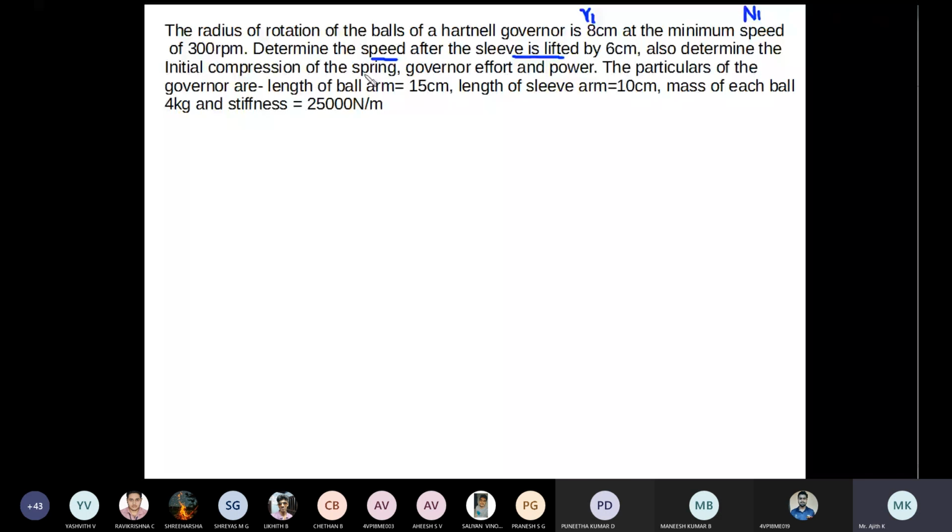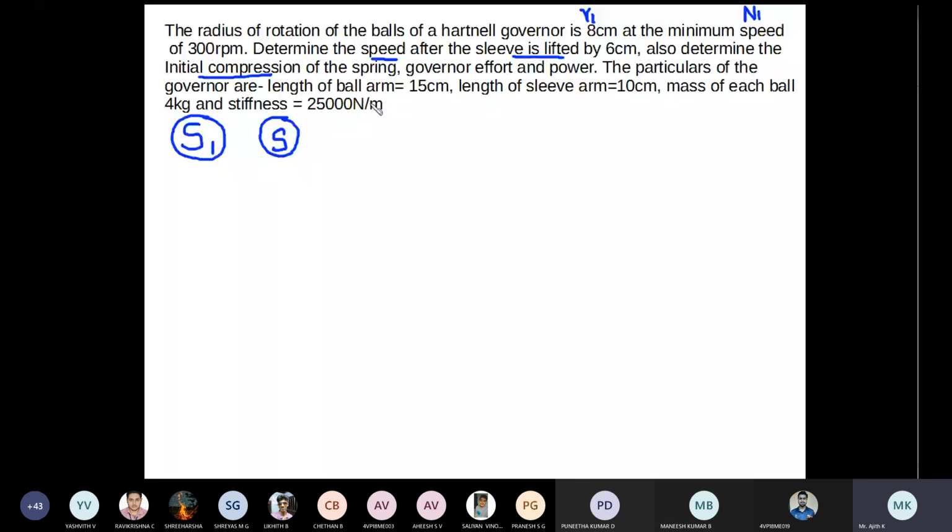Initial thrust is different, initial compression is different. Keep in mind, initial thrust means S1. Spring stiffness means S, or spring constant, rate of spring, that is small letter S. This is initial thrust. But here in the question, you have to calculate initial compression.